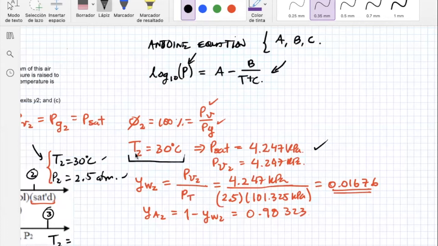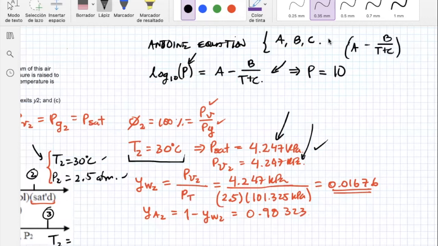I didn't put this T equals 30 degrees in any equation, I just used the steam tables. But you can also use the Antoine equation, which will provide you this Pv that we got. From here you can write it in explicit form: 10 to the A minus B over T plus C. You need to check your tables of Antoine equation constants for the units you need for T and the units the pressure will come out in, because the Antoine equation is an empirical equation.